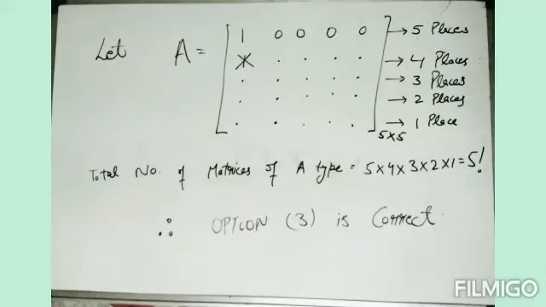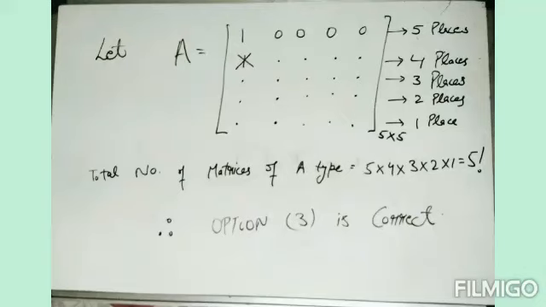But any four entries should be 0 so that our row sum can remain 1. So the total number of places where I can put 1 here is 5. So there are total 5 places in row 1 to place 1.